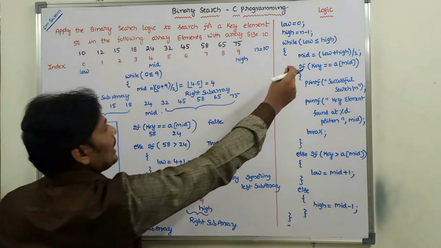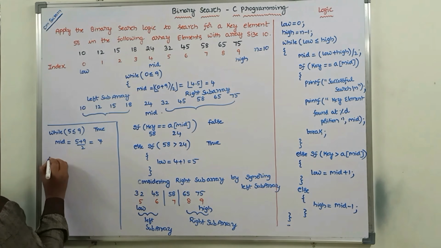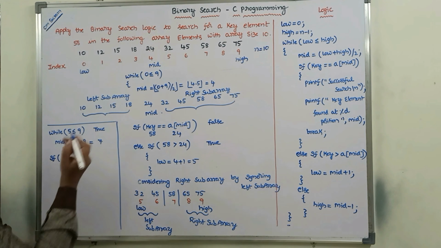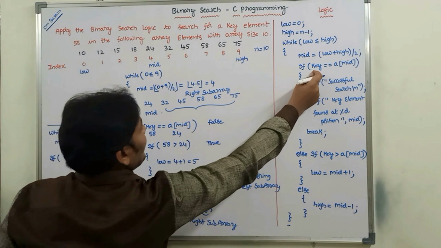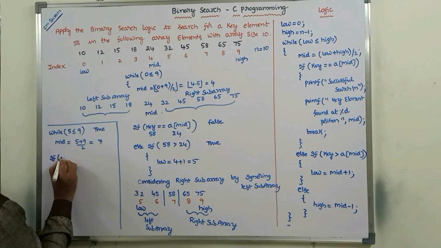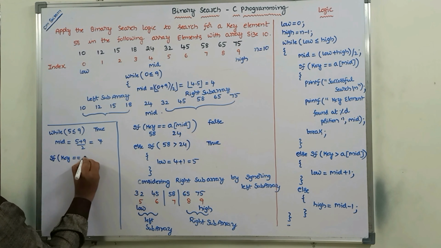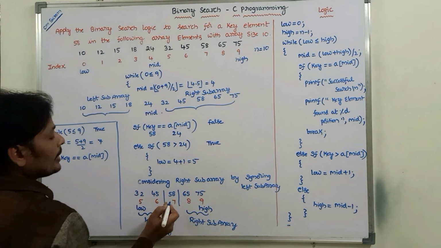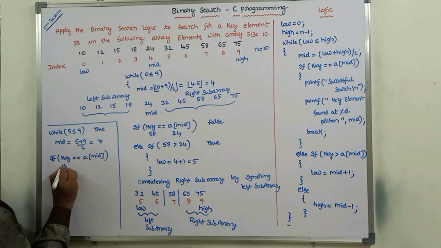After calculating the mid value, next we have to execute the if statement. Key equal to a of mid value. Okay. So what is the key value here? Key value is 58.